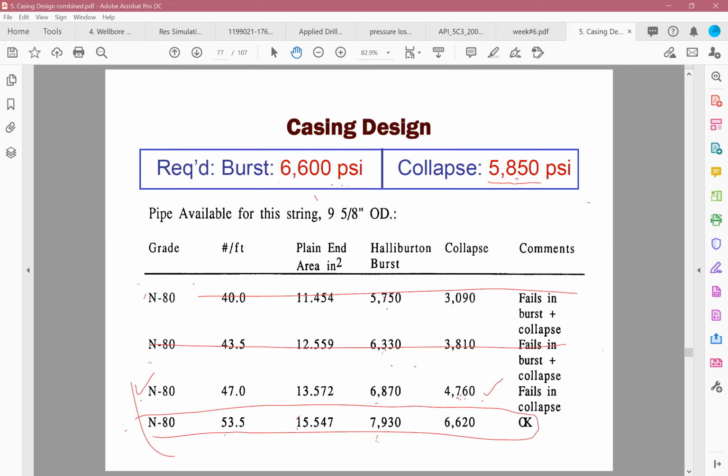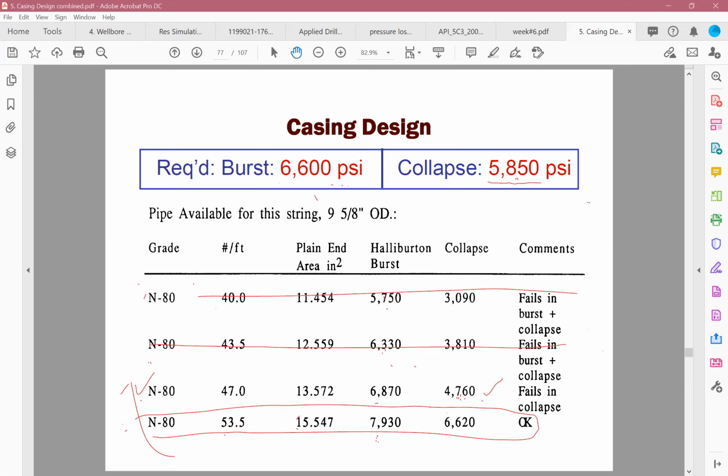So please listen carefully to how we do this, because this is very important. That's basically the most complex part of casing design. Now the question you should think about is: I have two casings that satisfy the burst condition, but only one of them satisfies the collapse requirement.